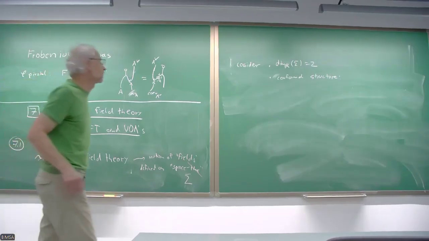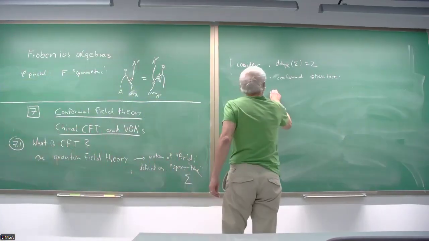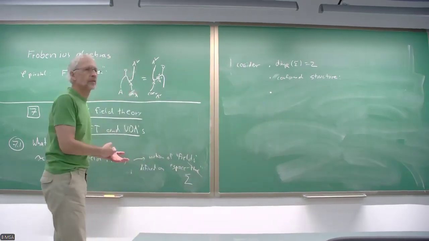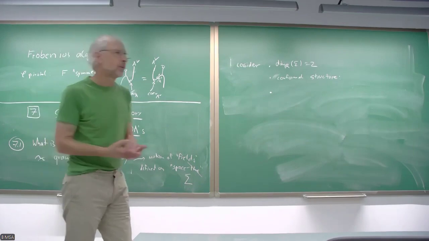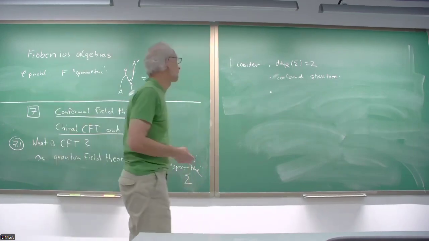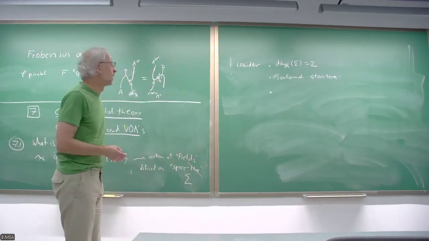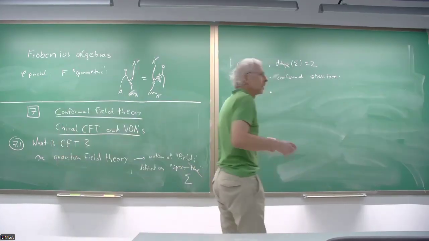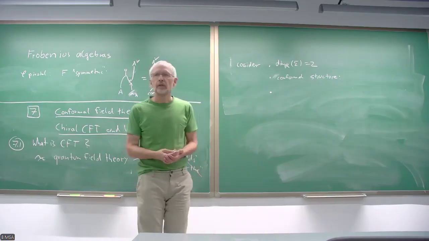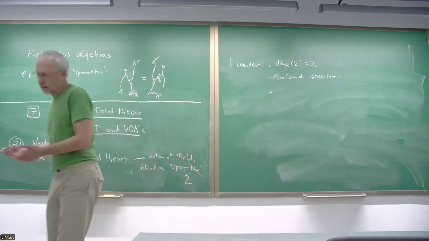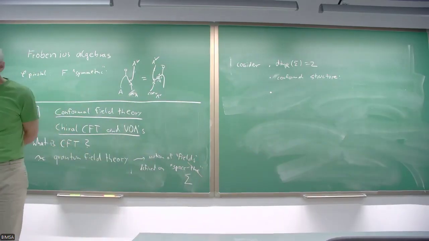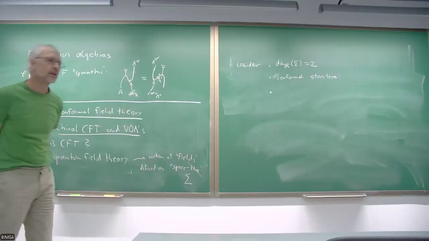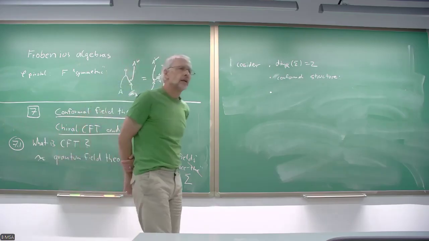Then another question is, what is the signature? When there are two dimensions, we can have a Lorentzian signature, 1,1, or Euclidean, 2,0. There are approaches to conformal field theory which assume Lorentzian sigma.